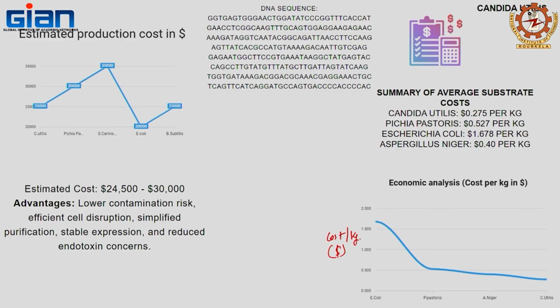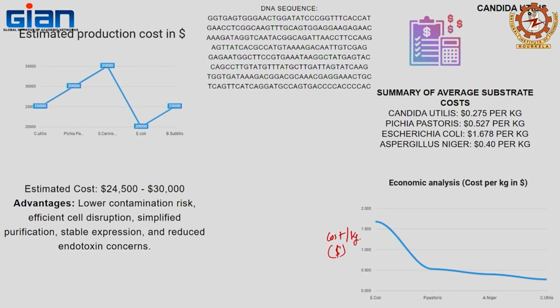And the estimated production cost graph is mentioned on the left side corner, estimated with the overall upstream and downstream process. For Candida utilis, it is not properly mentioned, so we have made it an approximate value. When compared with the others, it is almost a cheaper version. When considered for large scale production, it can be a beneficial and greater aspect to be considered.